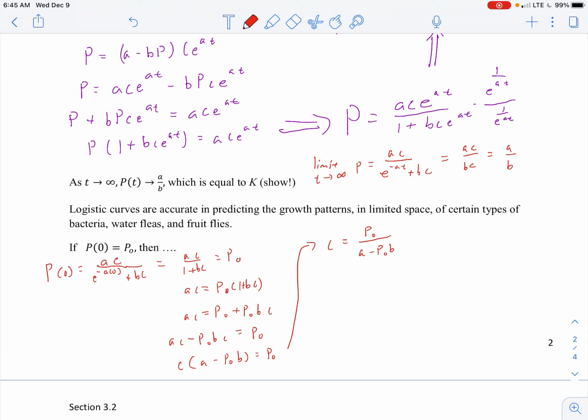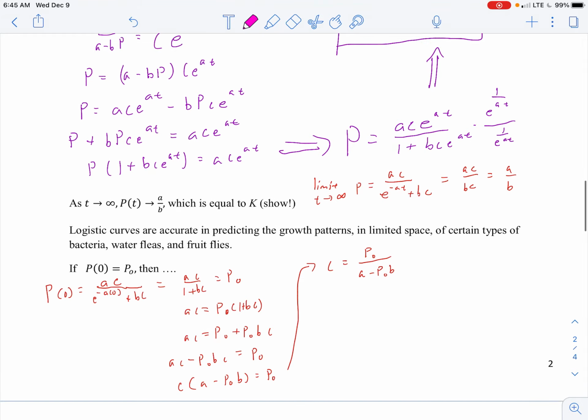All right, now we can plug that back into our equation. What I'm doing is breaking it down so that all you have to do is just plug things into the logistic equation, and your solutions will be much easier.